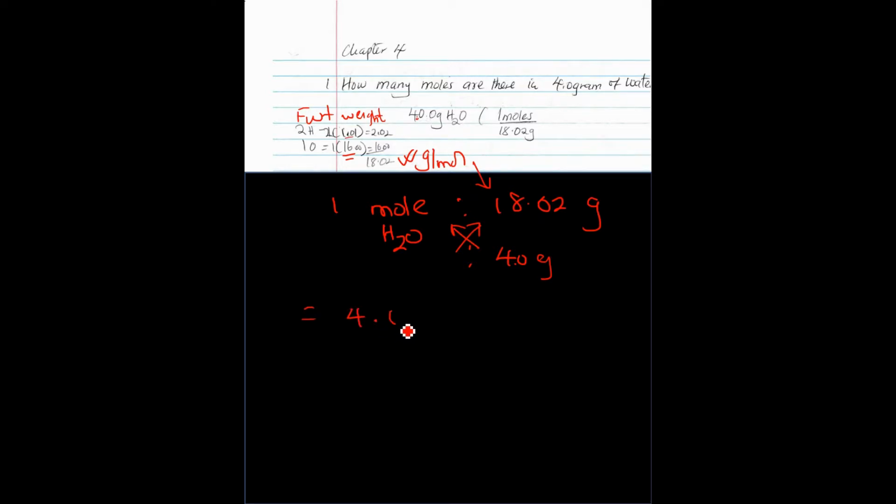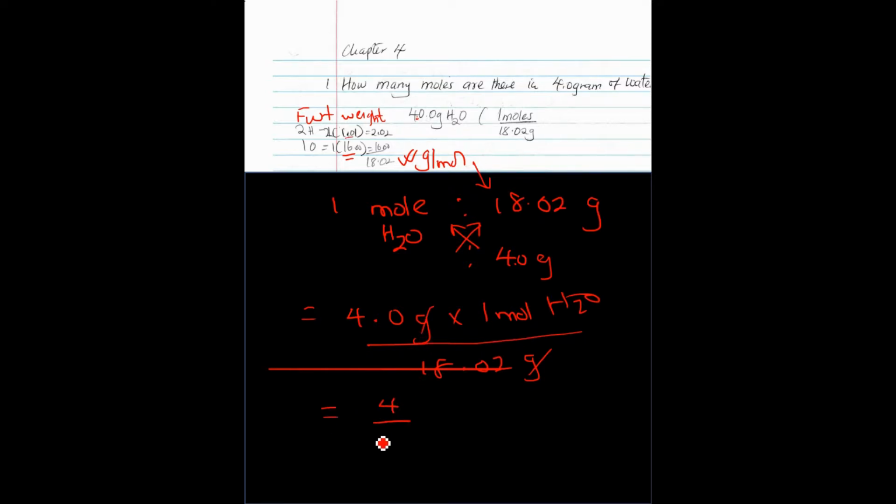Your expression will be 4 grams times 1 mole H2O divided by 18.02 grams. So the grams will cancel, you're left with moles. You need to do your math. You have to calculate the number of moles using your calculator.